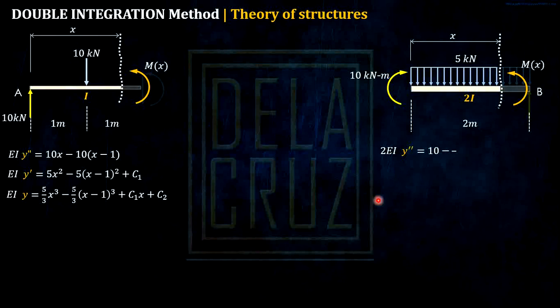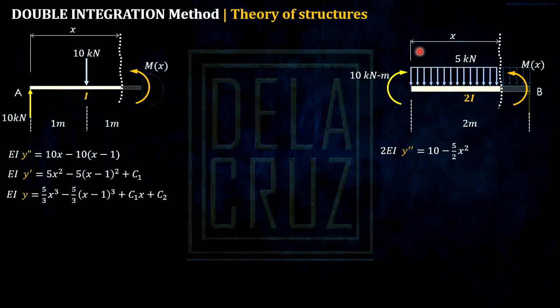So, EI y double prime. But take note, the I here is twice, so we put a 2: 2EI y double prime. To be clear, 2EI y double prime is the moment, this function of x. That will be 10.